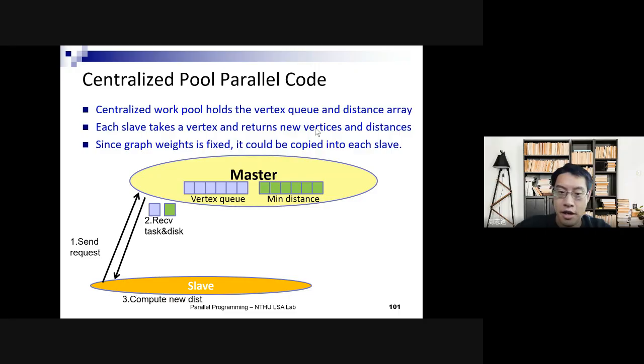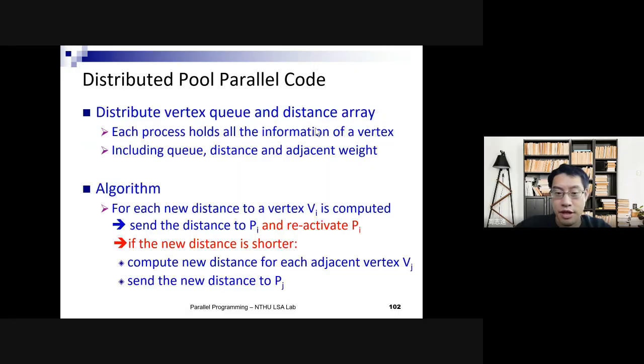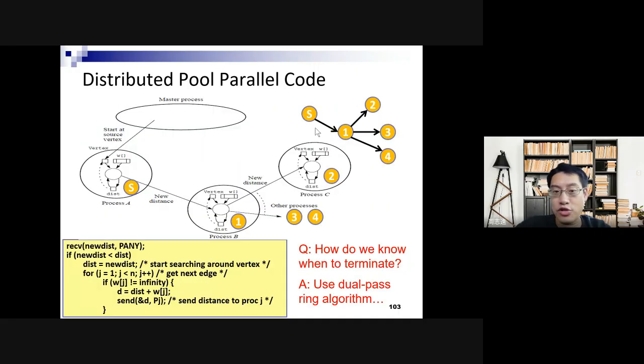But in the fully distributed parallel algorithm, like the one we introduced at the end of the last lecture for shortest path, as shown over here, we don't have a master. All the processes or workers have a peer-to-peer relationship, so each of them holds a local work pool.